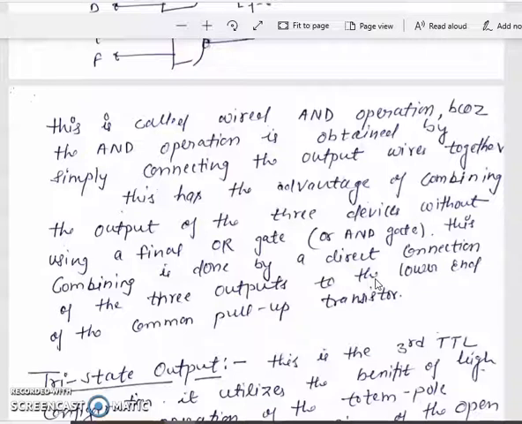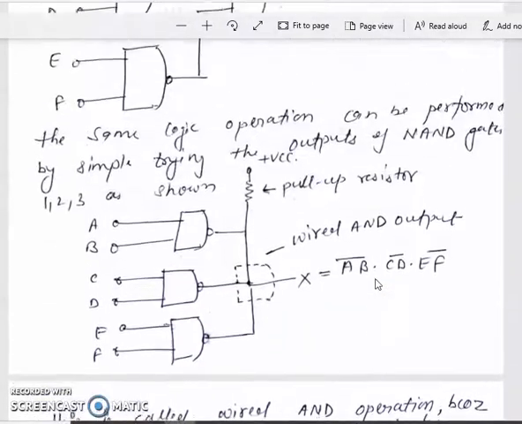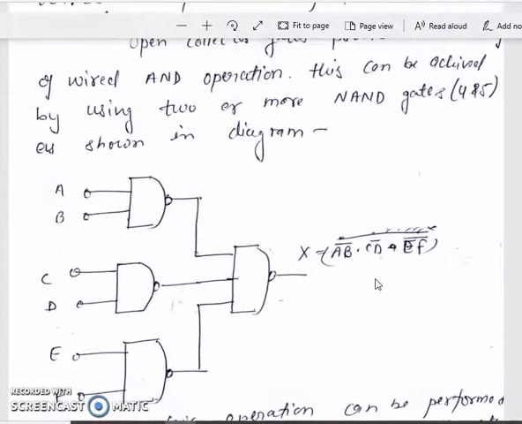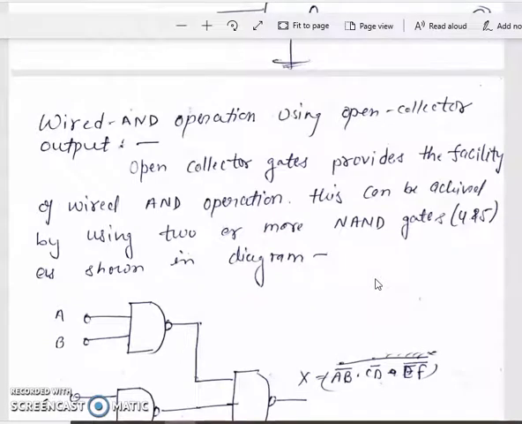This combining is done by a direct connection of the three outputs to the lower end of the common pull-up resistor. I hope you understand the purpose of open collector configuration, because it is used as a wired AND operation.